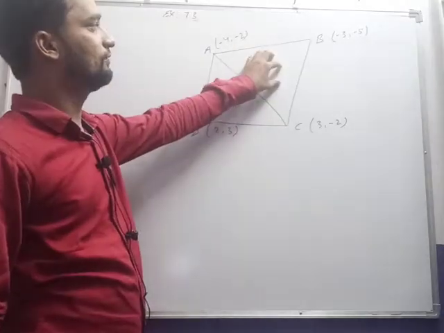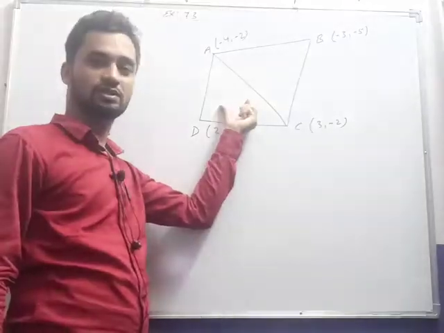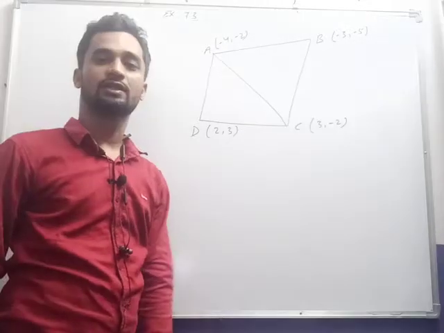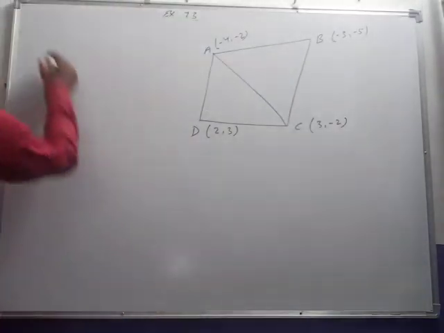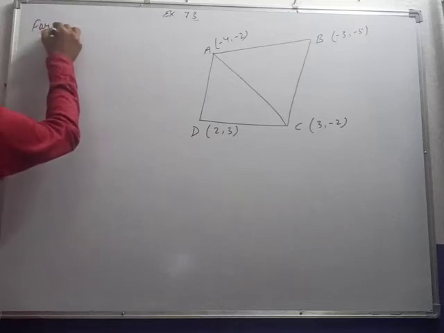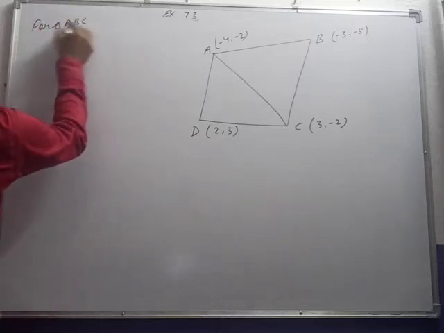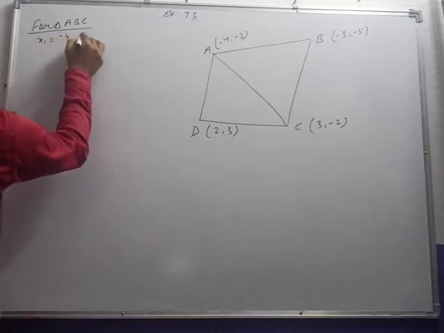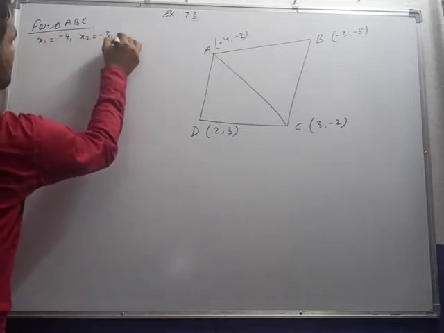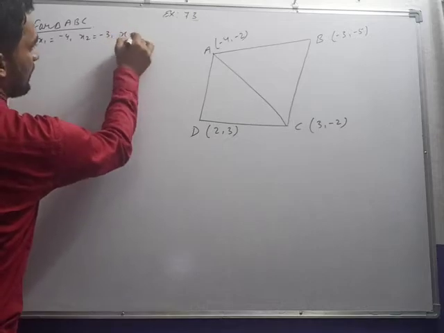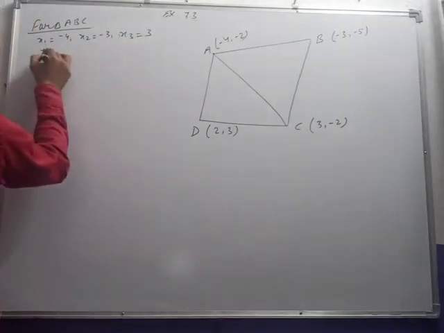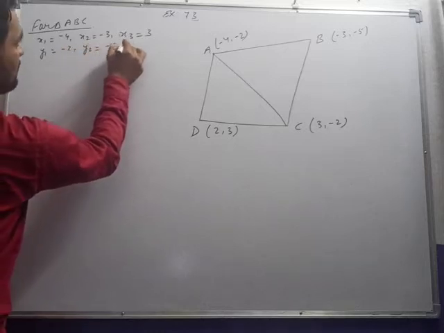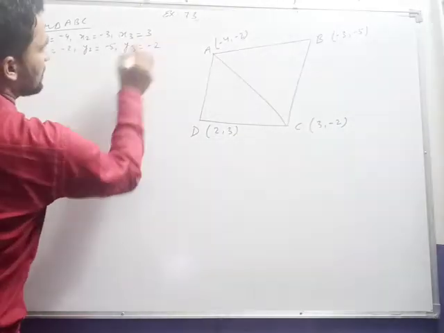We will find the area of this triangle, then the area of the other triangle, and add them at the end to get the area of quadrilateral ABCD. So for triangle ABC, x1 equals minus 4, x2 equals minus 3 and x3 equals 3. Similarly, y1 equals minus 2, y2 equals minus 5 and y3 equals minus 2.